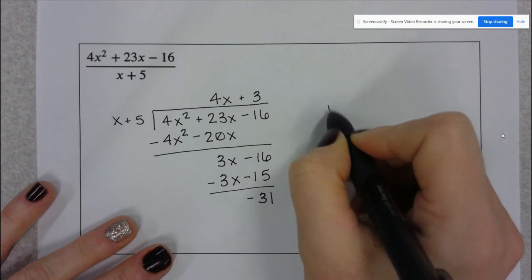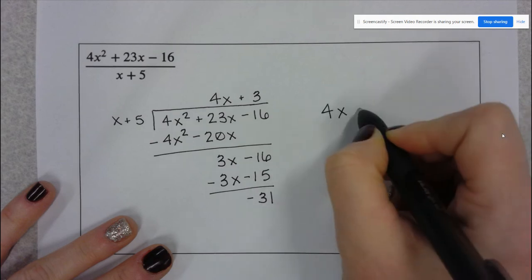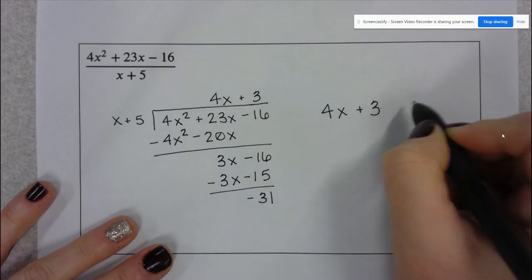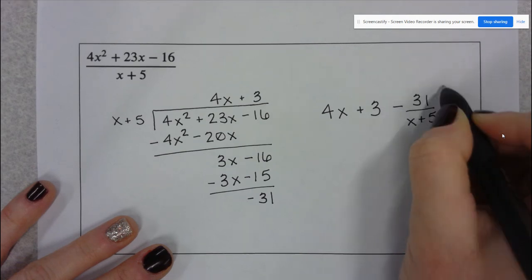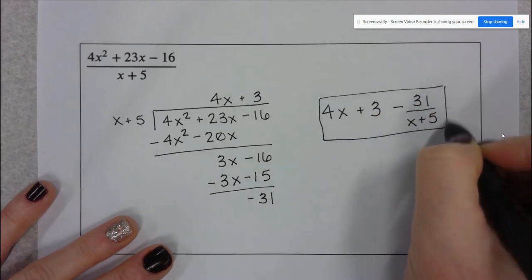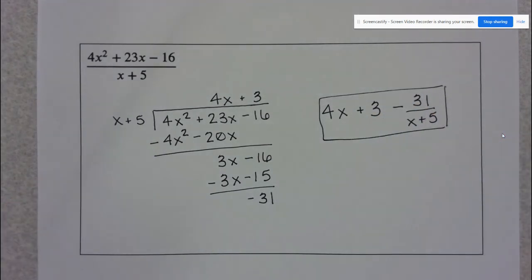So I'm going to write my answer as 4x plus 3 minus 31 over x plus 5. And that would be my answer for this first division problem.